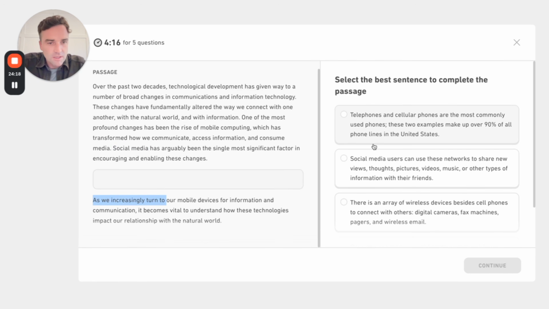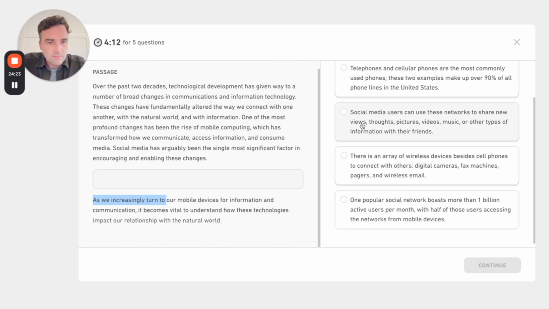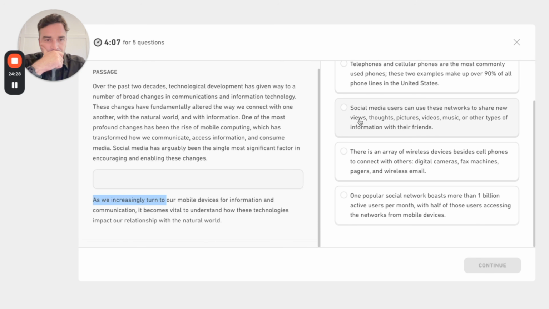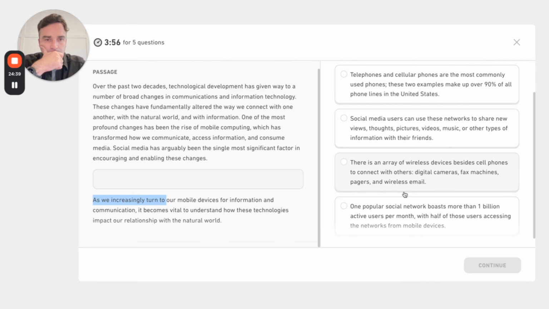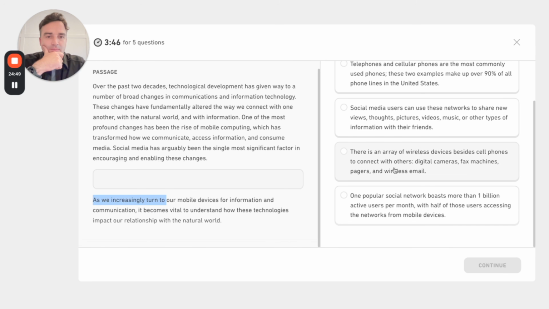Okay, so. I'm not sure if it's this one or this one.